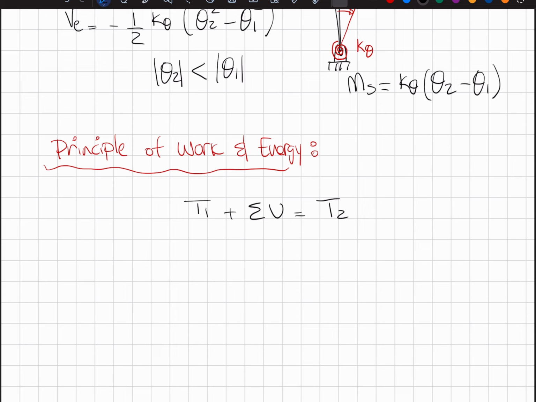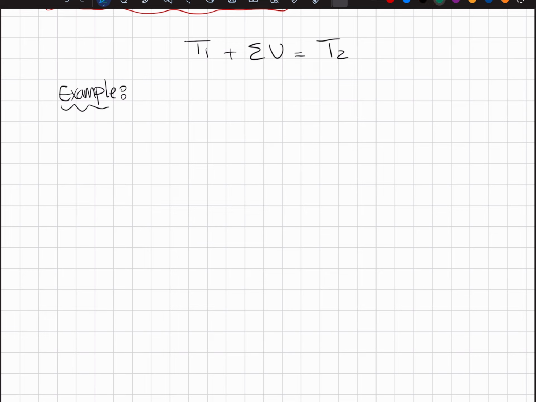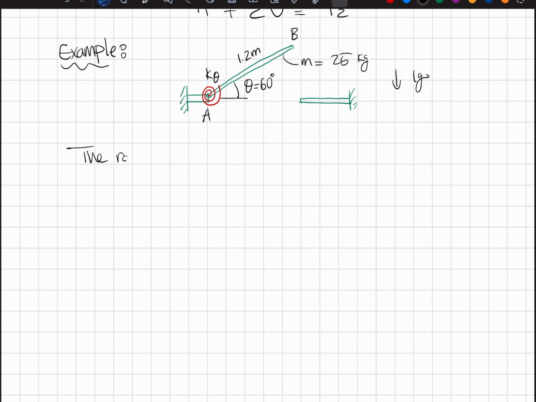So it might be a good idea to do an example at this point. For this example, we are looking at a door, sort of like a gate, that has a rotational spring attached to it, and we want to analyze the behavior of this gate. So this is the example that we have.